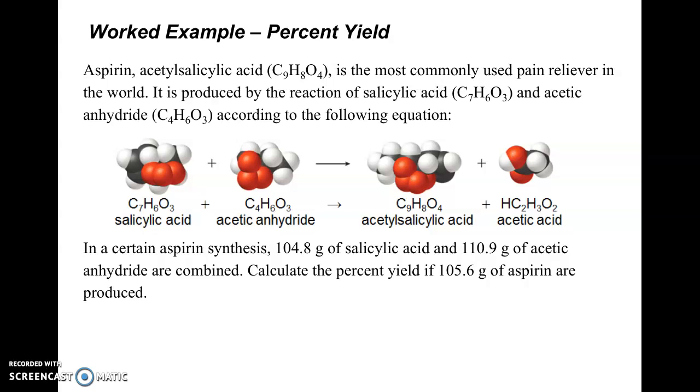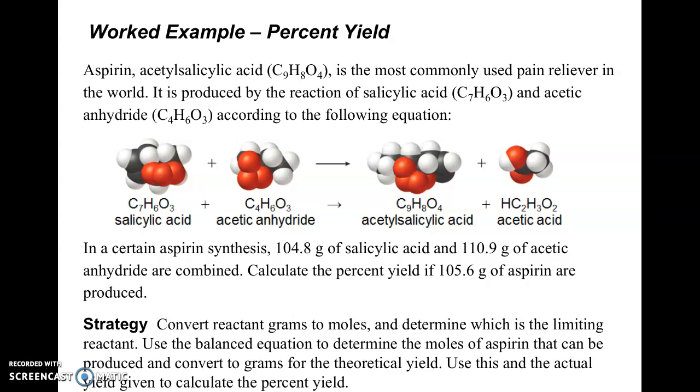And here's an example with aspirin, which is acetylsalicylic acid. And it tells you how much in the synthesis, how much salicylic acid you would use and how much acetic anhydride. And so it's saying you get 105.6 grams of aspirin. What's the percent yield?